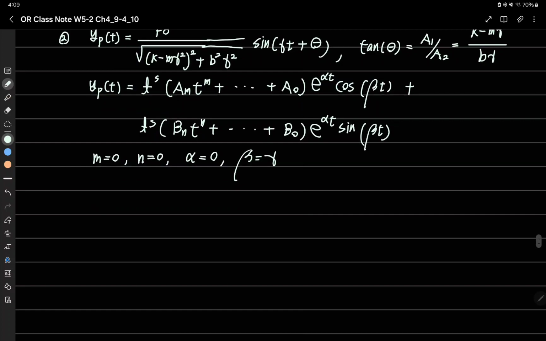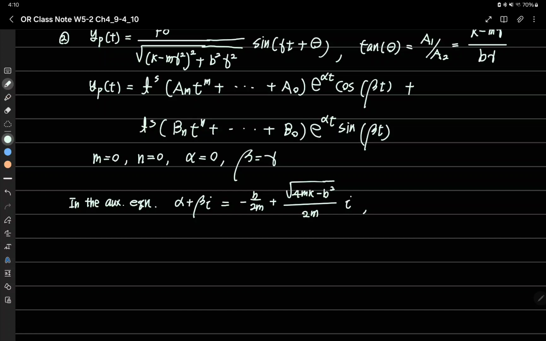In the auxiliary equation, the complex root, alpha plus beta i, is equal to minus b over 2m plus the square root of 4mk minus b squared over 2m, times i.